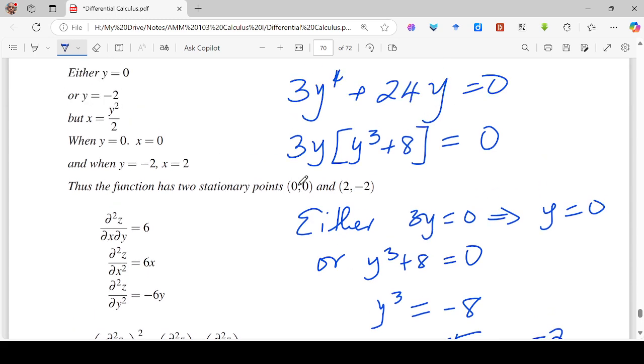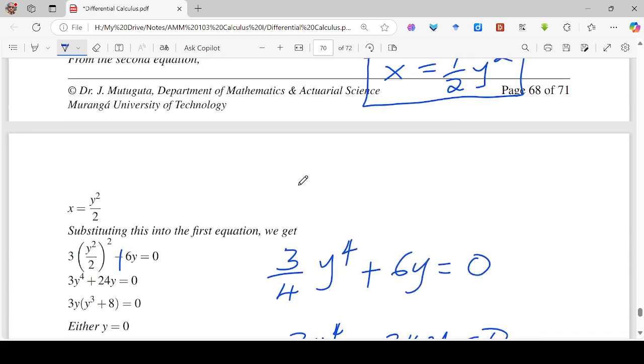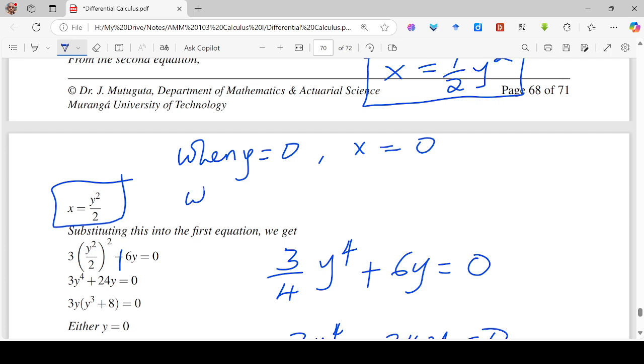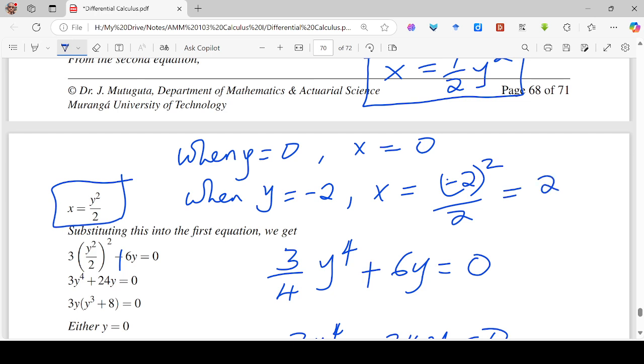So once we have that, we can go back to the relationship between x and y. When y is equal to 0, we get x is equal to 0. And when y is minus 2, we get x is equal to minus 2 squared divided by 2, which is 2.